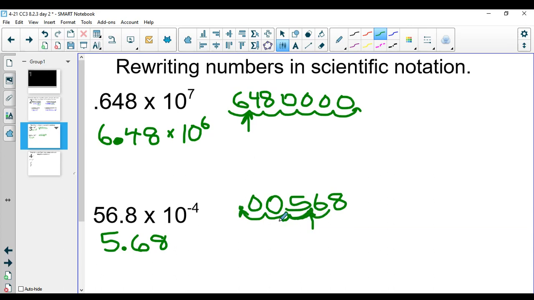We only want to move it over 1, 2, 3 places now. So we need to say times 10 to the negative 3rd. Okay, be careful that you're adjusting that power of 10 just like you are adjusting the decimal for our first number.